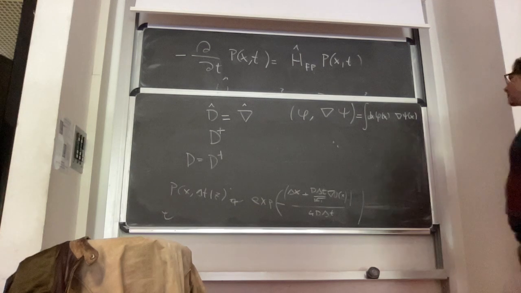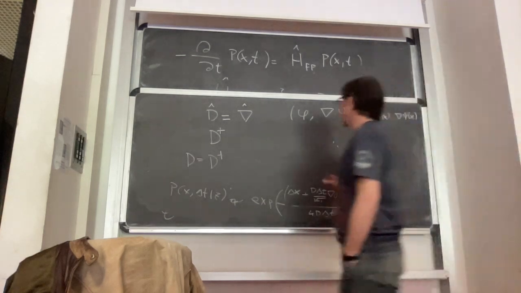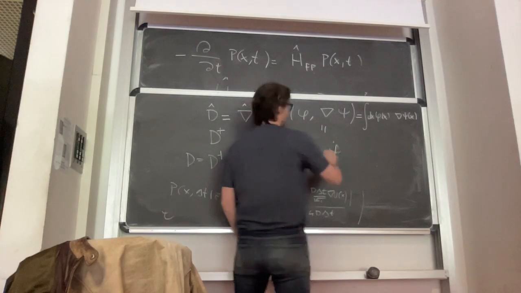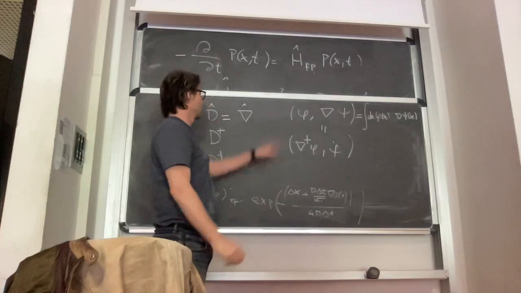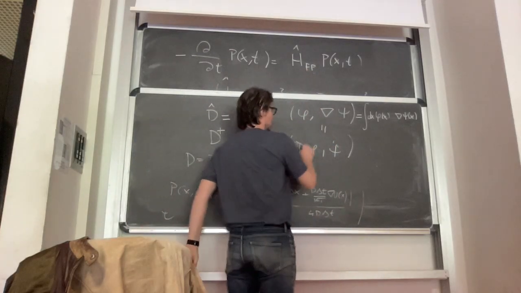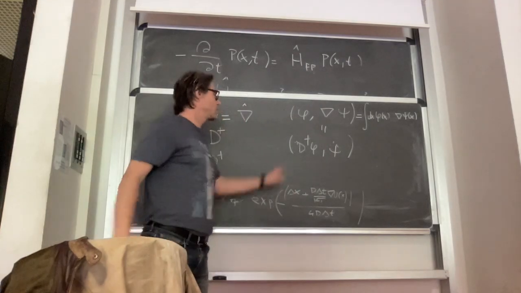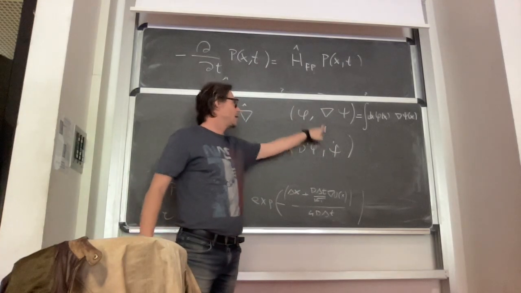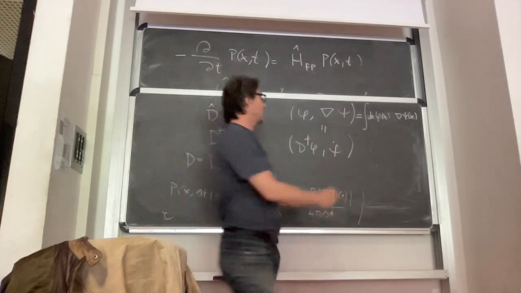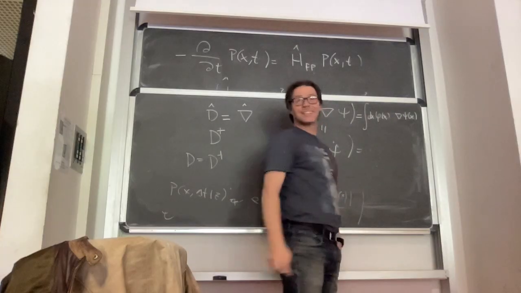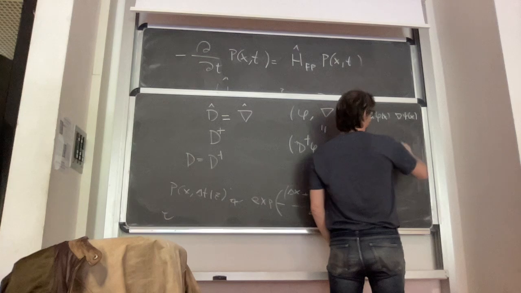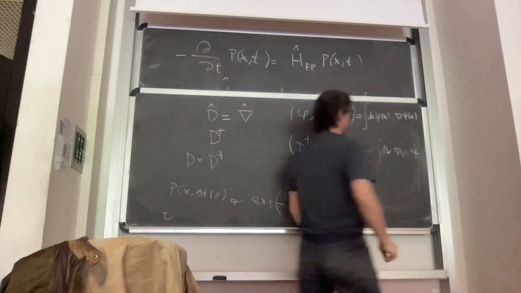Now, the adjoint operator is the one such that this will give me this, right? So D dagger is the operator for which the inner product of D dagger phi with psi is equal to that of phi with D psi. And it's clear what it is. I integrate by parts, and this is the negative integral dx of the gradient of phi times psi.